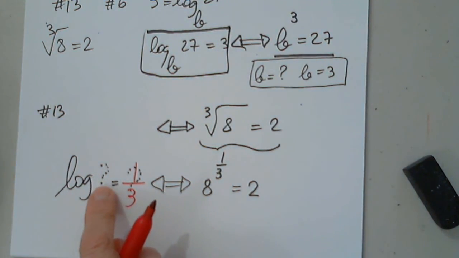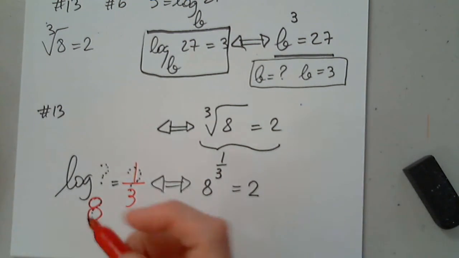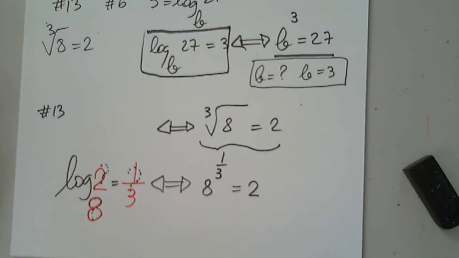And what number do I have to get? Of course, that's the only one that is left. So log base 8 of 2 equals 1/3. Great job. Any questions? Any questions here?